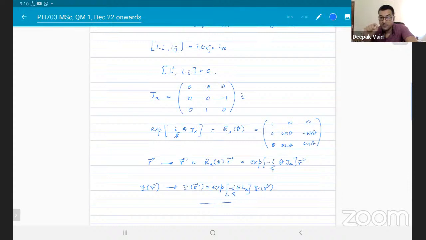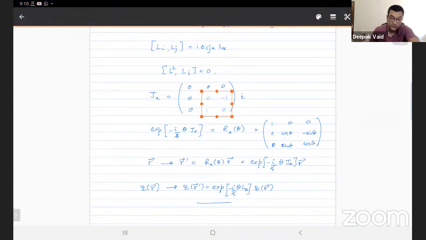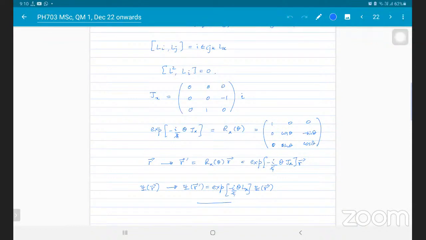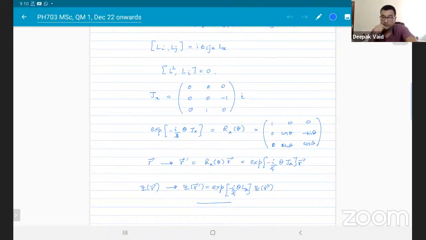It will be sigma x, the 2x2 Pauli matrix, which is just this component. Well, actually, this is not sigma x exactly, but sigma x is 1, 1. So this is sigma y, right?